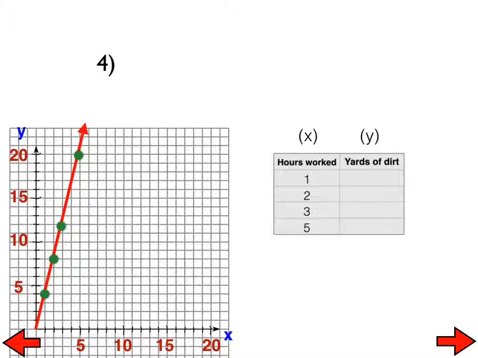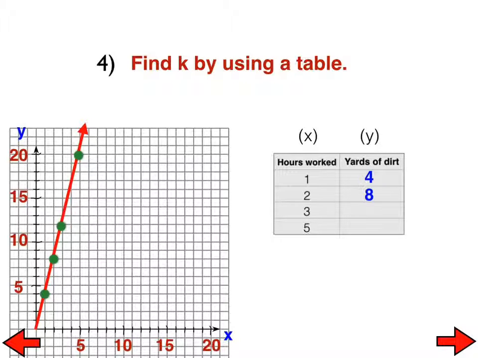Now, using that graph, there's a bunch of points on there that are really easy to read. I want you to fill out the table using those points. So the first one, obviously, is (1, 4). What's the next one? (2, 8), (3, 12), (4, 16), (5, 20).